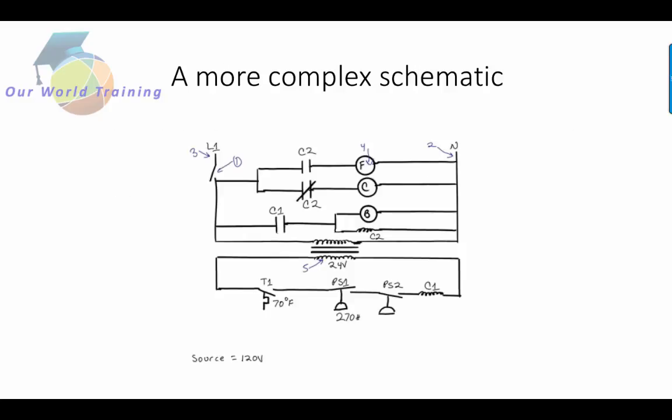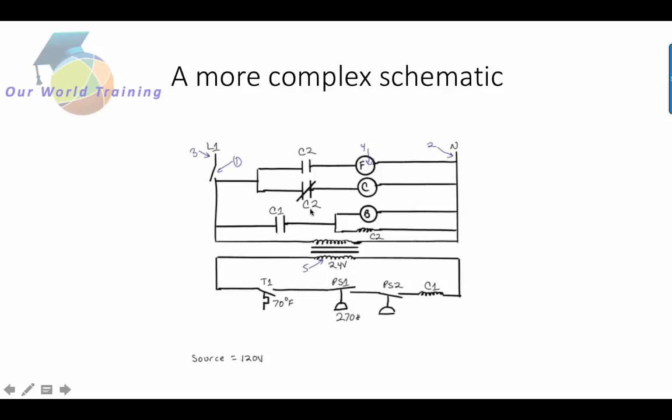This is an example of a more complex schematic. Again, up here we have L1 and neutral. That's my source. We know that the source is 120 because we're seeing it right at the key of the schematic. Every one of these here is a symbol. You'll notice they're all labeled with something, because symbols that have the same label mean that they're connected.